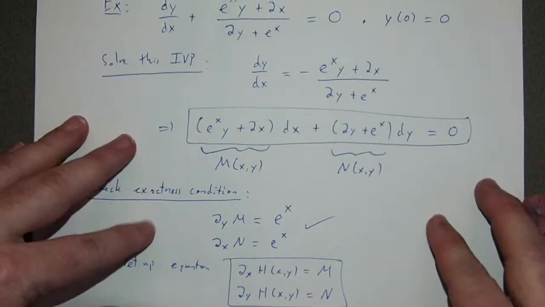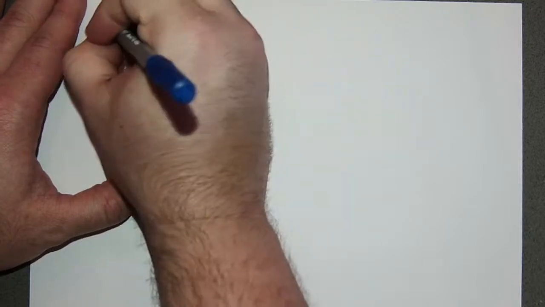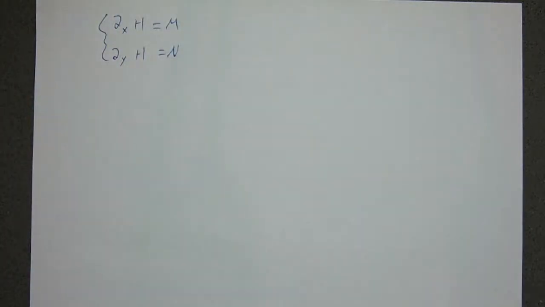Okay, let's do that on the next page. So this is the system that we're setting up. Del x of h is M and del y of h is N. This is a system, so these are taken together. These both have to be satisfied simultaneously.